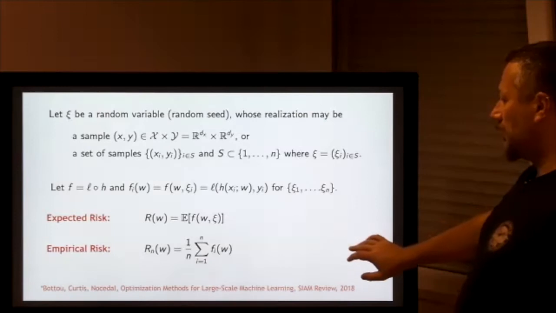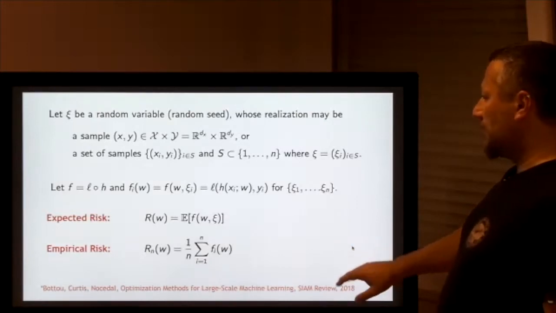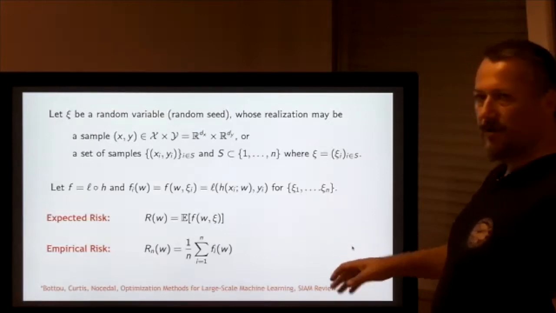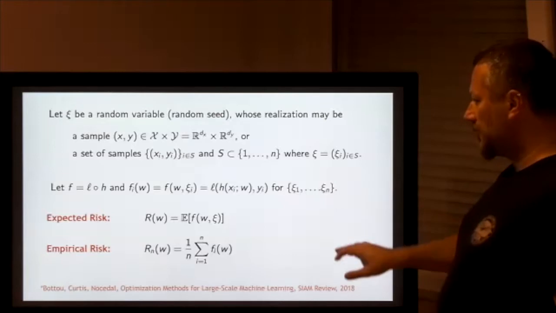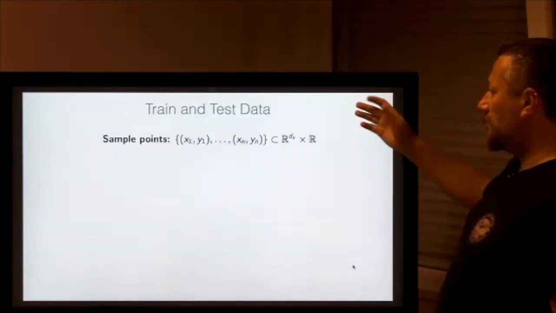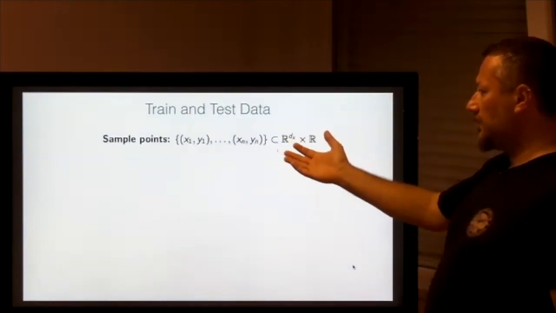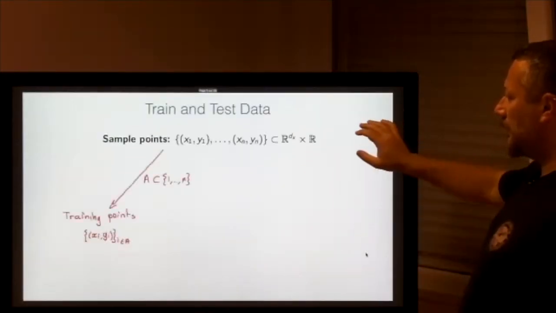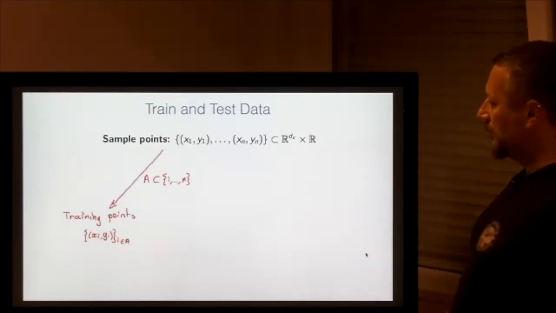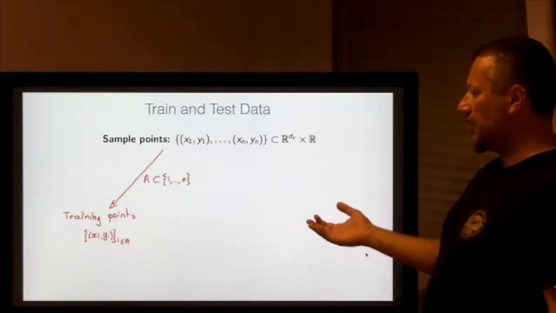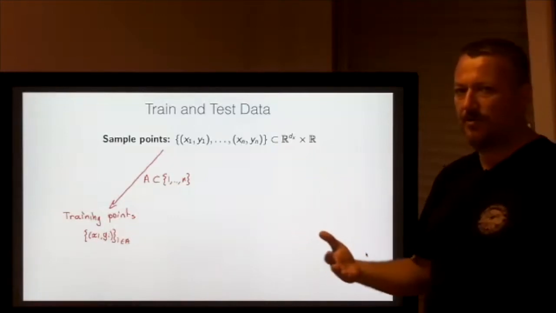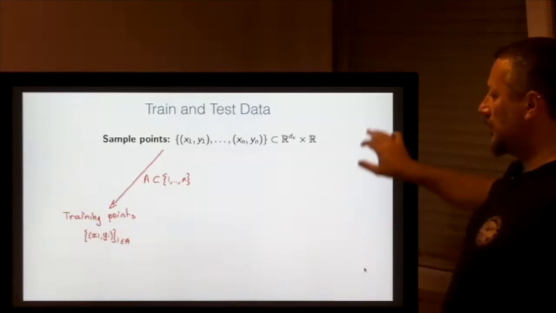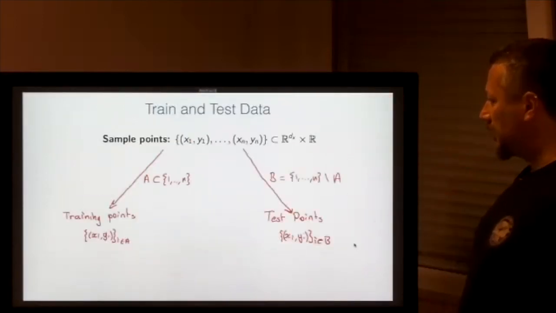We didn't talk about those, but as I said before, in practice, what people really do is, instead of relying on those statistical relations, they look at the sample points, and then they divide them into two. Some of them they call the training points. Maybe they randomly choose 70-80% of these points as training points, and the rest they call the test points.